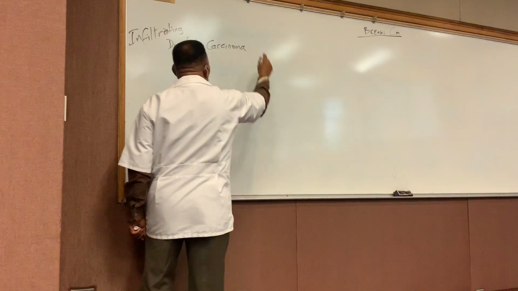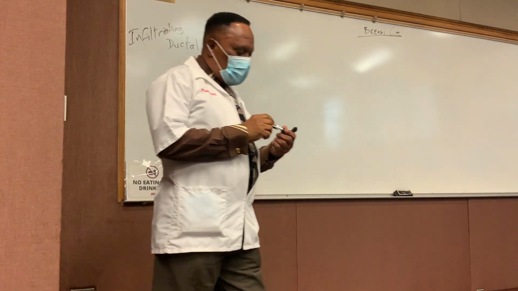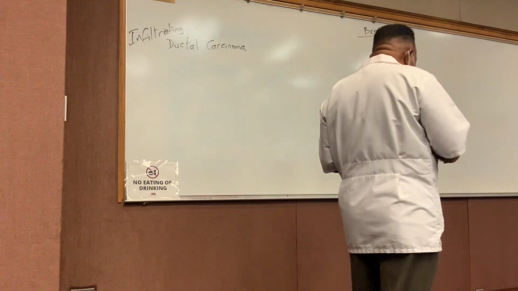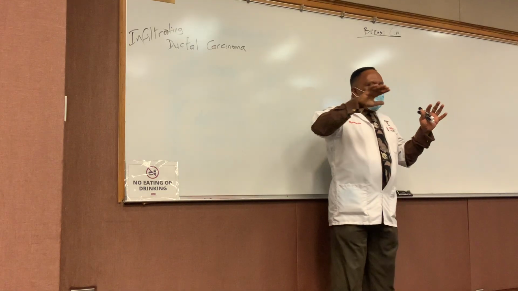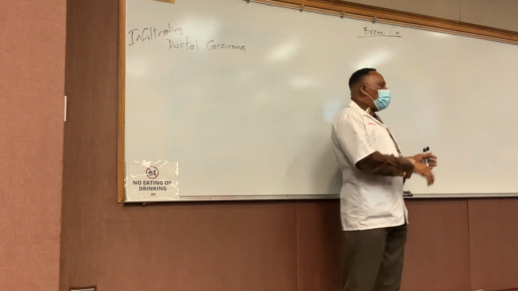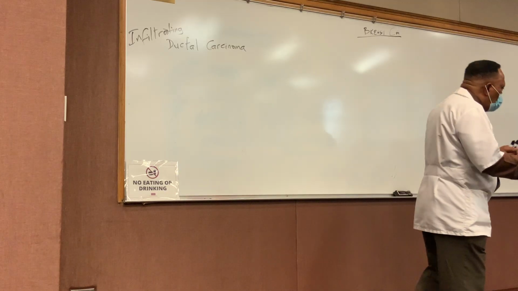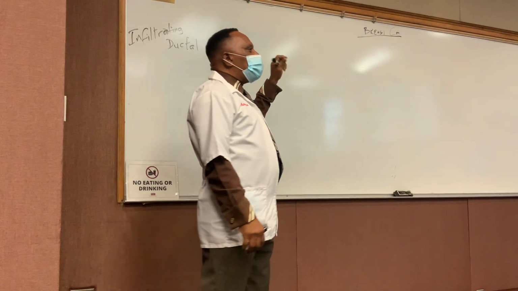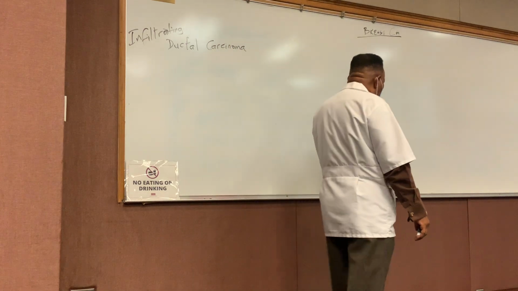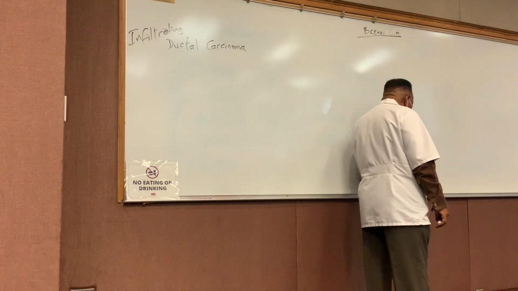So it occurs mainly within the epithelial cells. There are other types that occur elsewhere, but that is the most commonly encountered type of breast cancer.